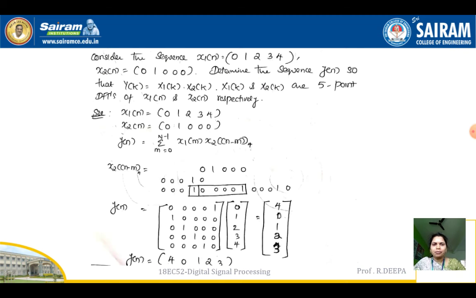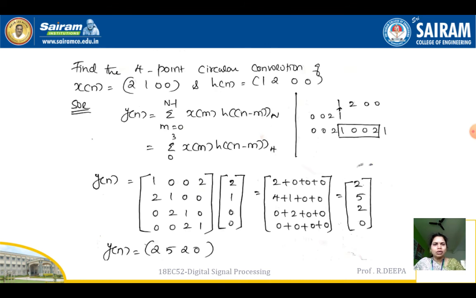We will be getting 2, 5, 2 and 0, right? So this is how to calculate the circular convolution between the given two sequences: 2, 5, 2 and 0. So this is a very simple method to find the circular convolution using the matrix method.